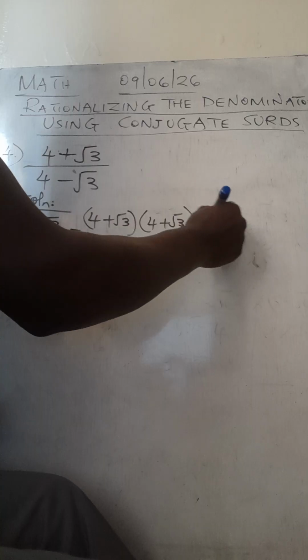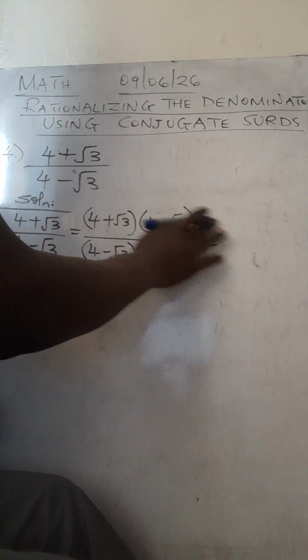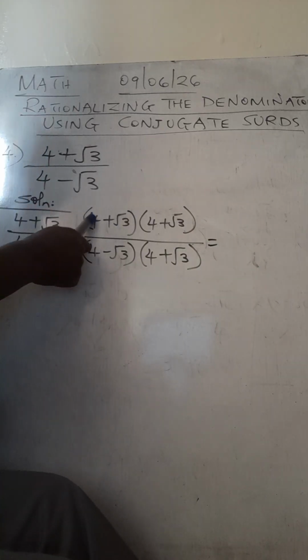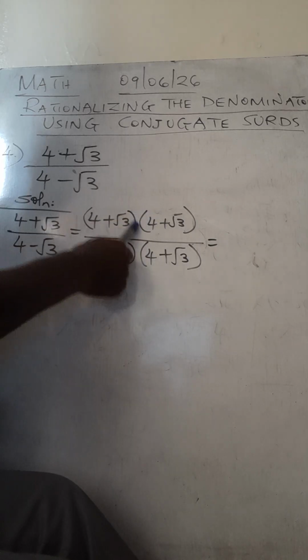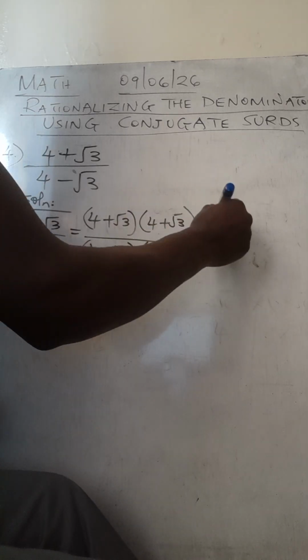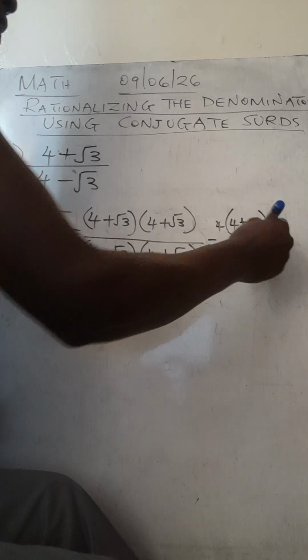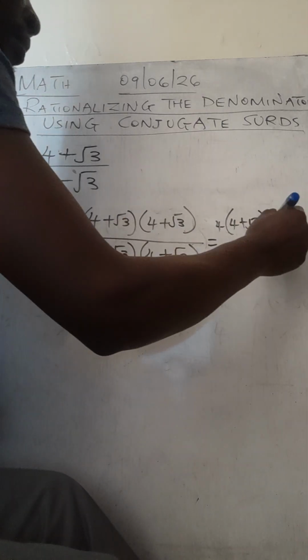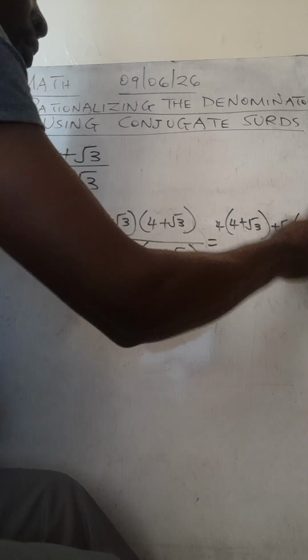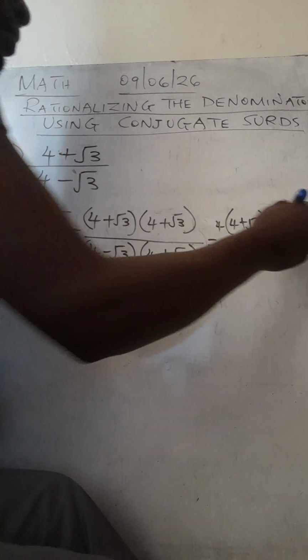So this is what you do. Take this 4 times the whole of this bracket, also take root 3 times this bracket again.